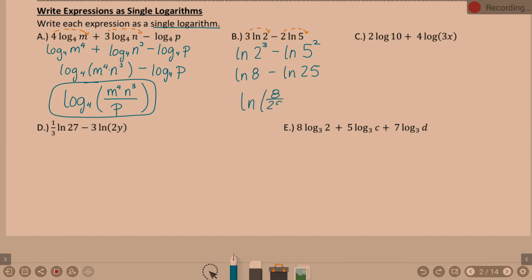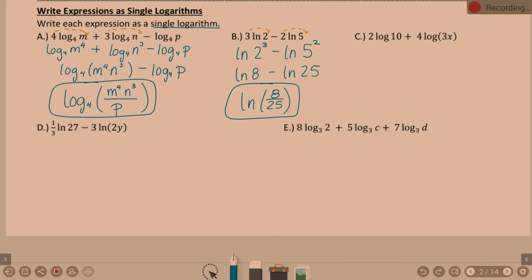So natural log of 8 divided by 25. Does 8 over 25 simplify? No. I ask because if it can simplify, you should simplify. It doesn't this time, but if it does, I want you to. Continuing along.